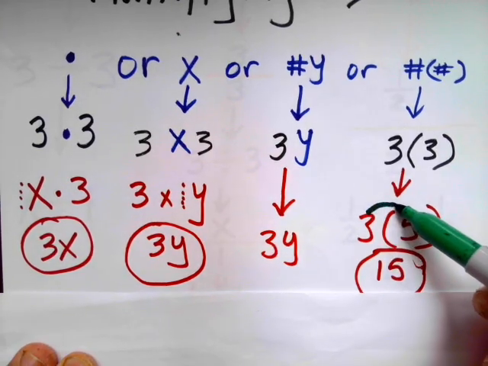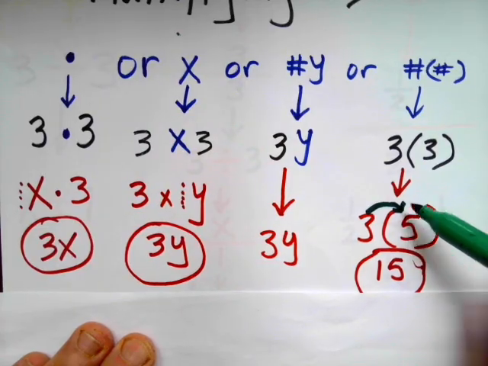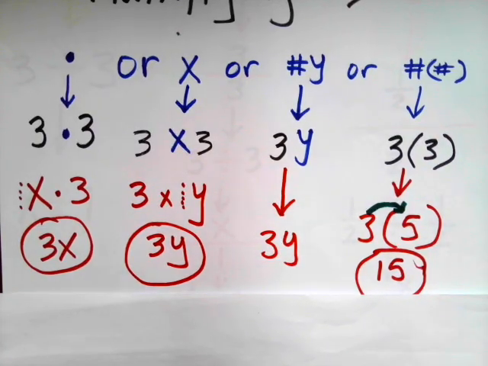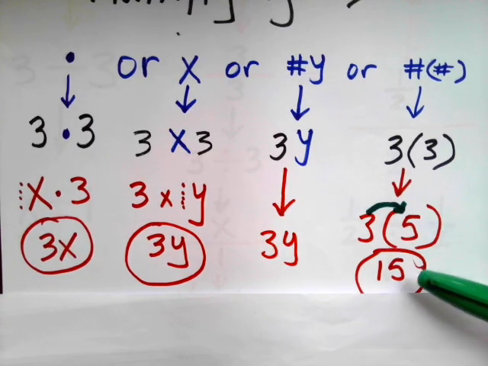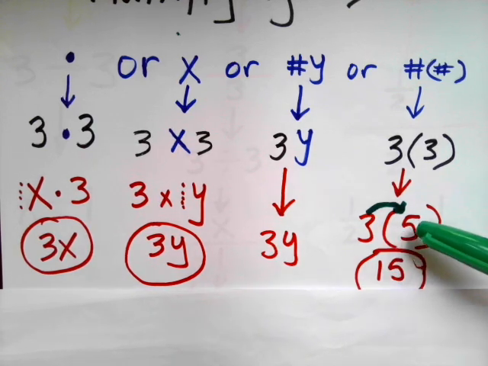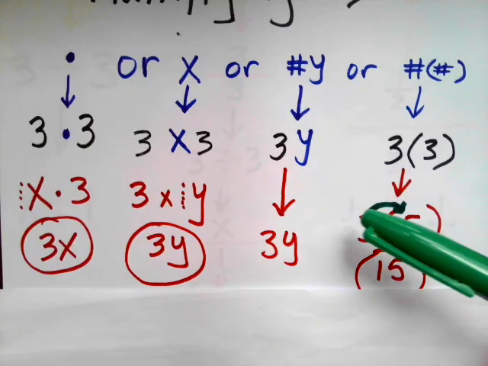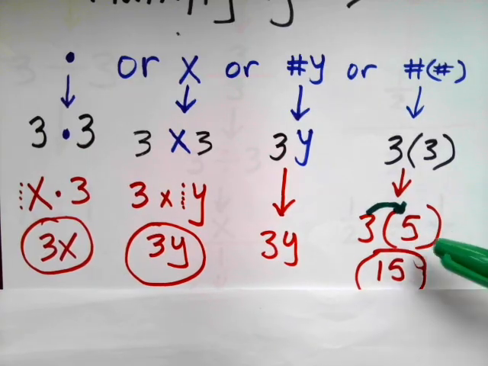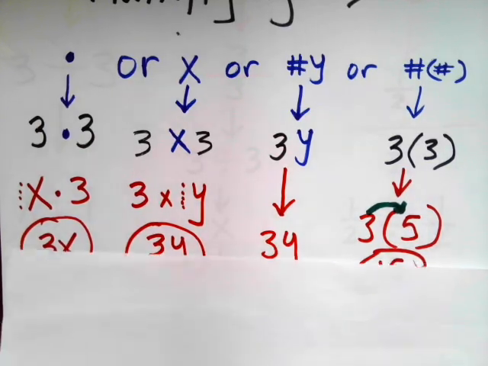You would distribute or multiply everything on the outside of the parentheses with everything on the inside of the parentheses. Here we have one term. 3 times 5 is 15. And again, that would be called distribution property. You multiply that 3 times every term inside the parentheses.